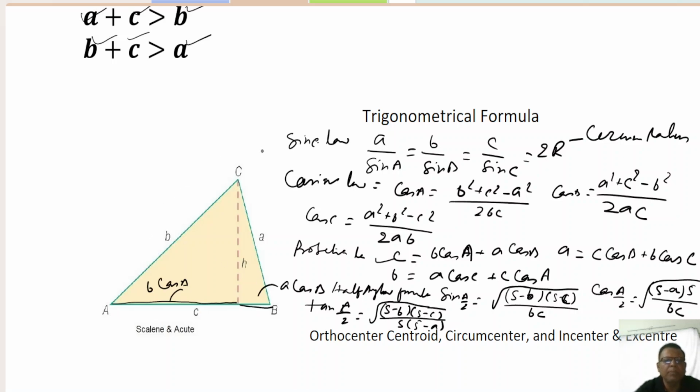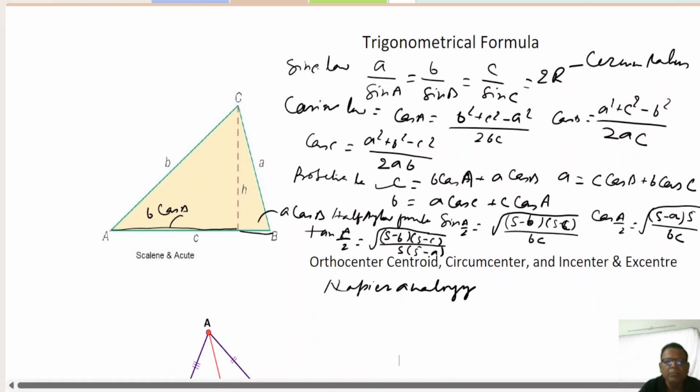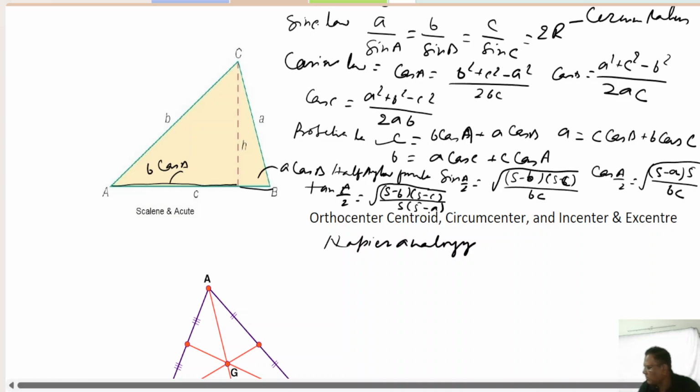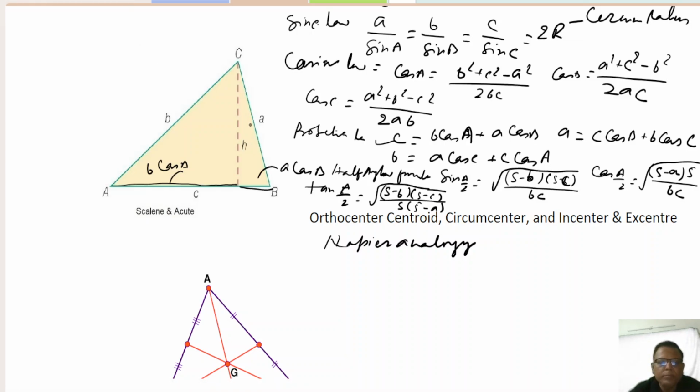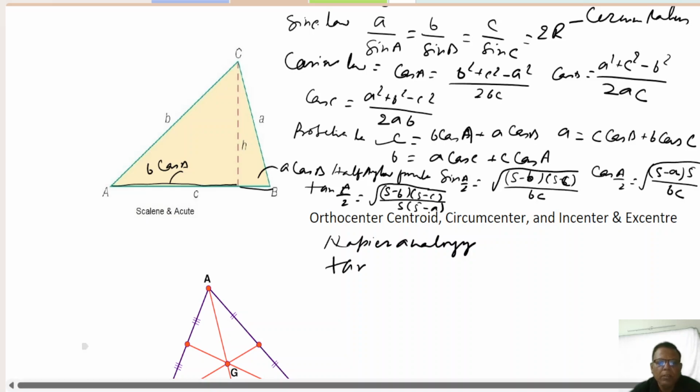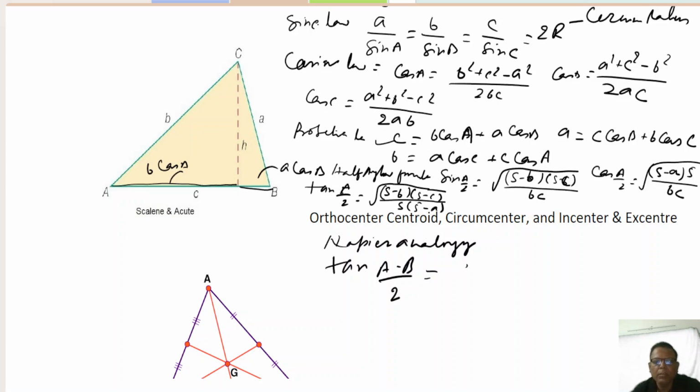Now another is Napier's analogy. So let us say another formula, that is Napier's analogy. So what is Napier's analogy? Napier's analogy says that tan (A minus B) by 2 is equal to (a minus b) upon (a plus b) into cot C by 2.